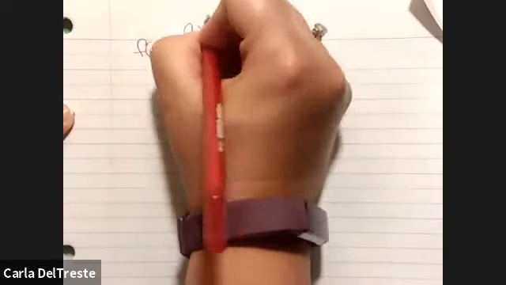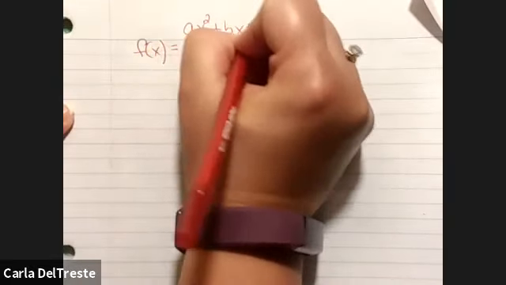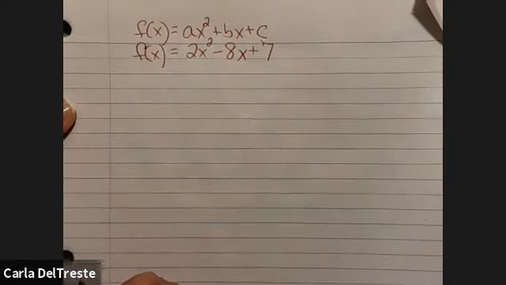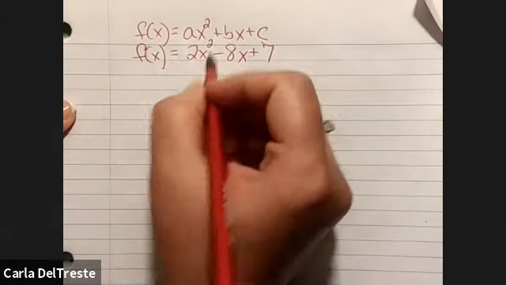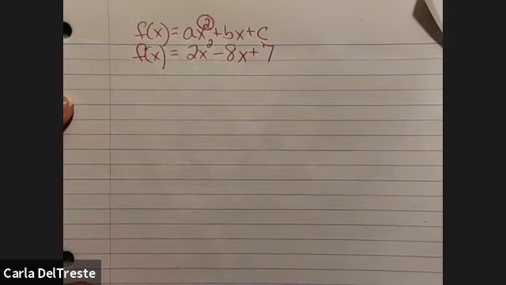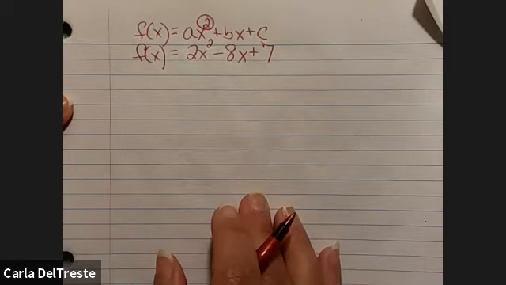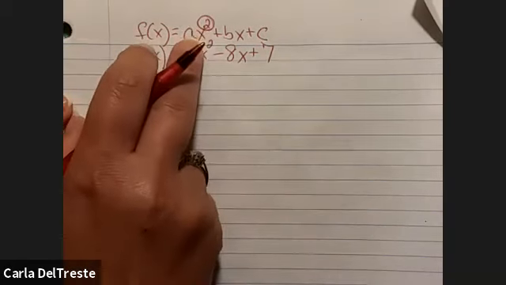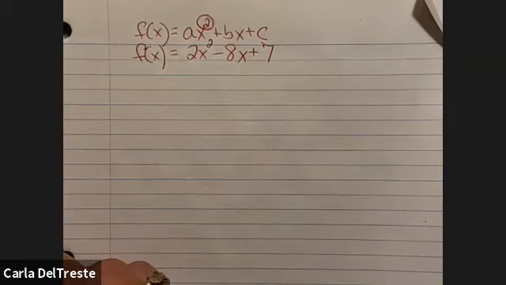Well, it is of the form ax squared plus bx plus c. Okay, so we know that it's of that form. And what really is causing it to be in this form is the fact that the highest exponent is a 2. So that's really what the essence of a quadratic is. A quadratic will always have a high power of 2 on the variable, on the input variable.